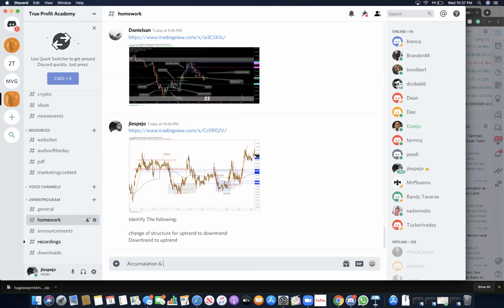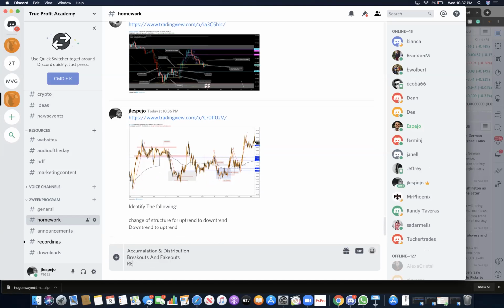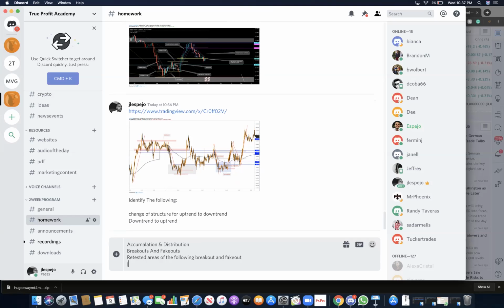And distribution. And identify the same as we identified before: breakouts and fakeouts, retested areas of the following breakout and fake out, and supply and demand zones.